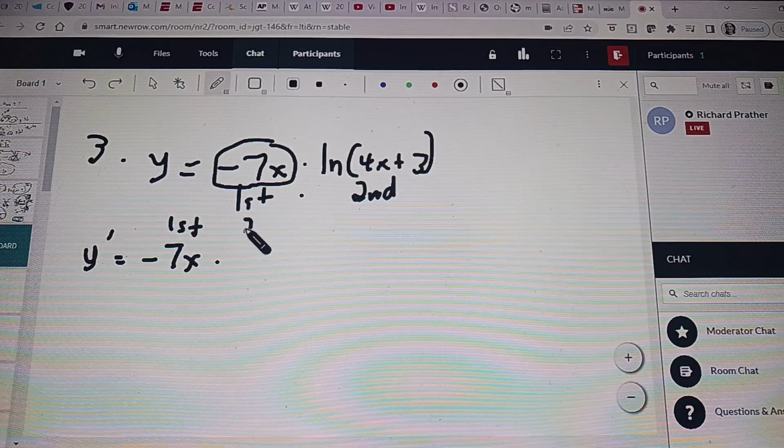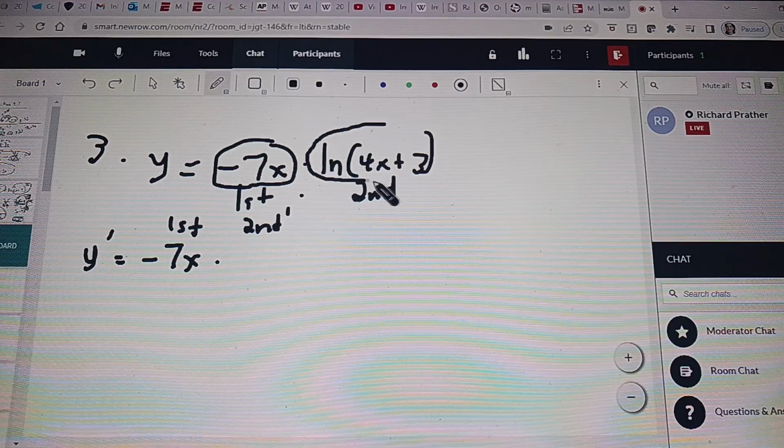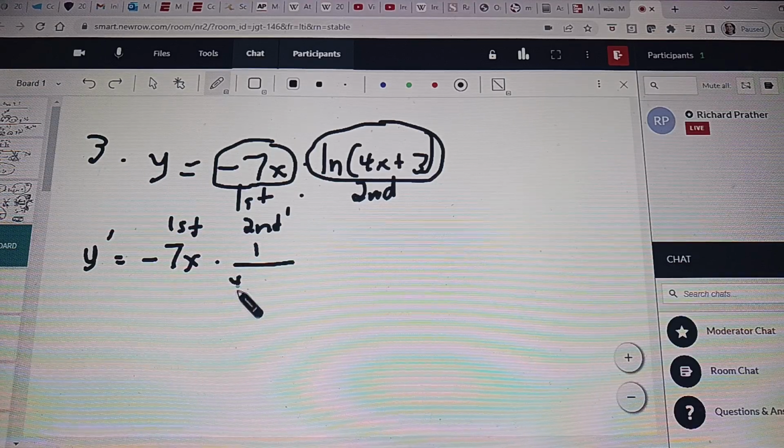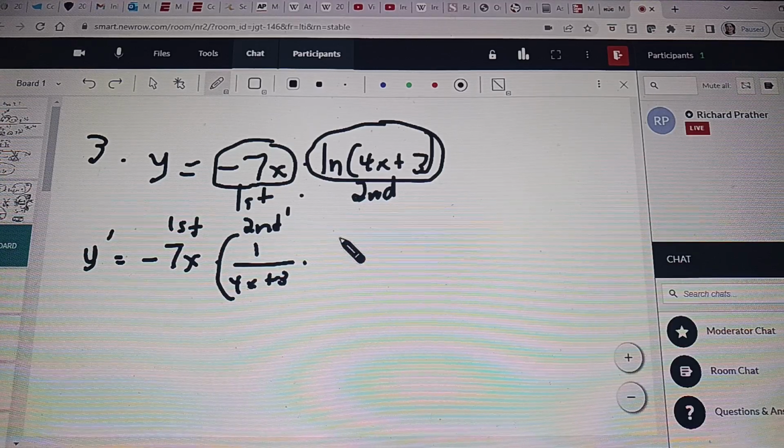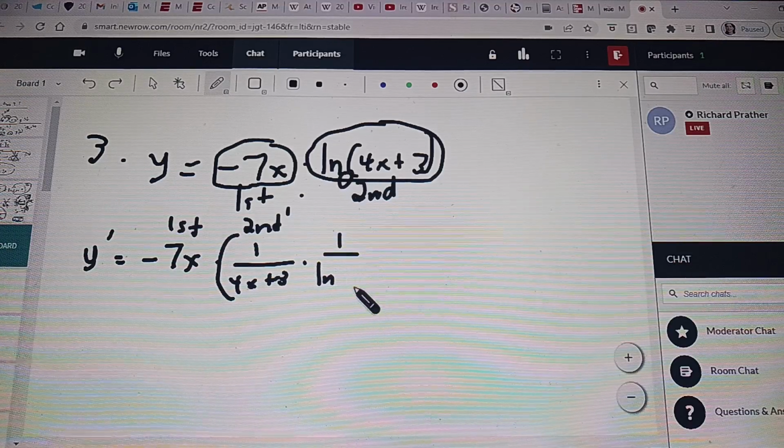Here's where the new rule comes into play. So I want to do the derivative of the second just like I did the first 2 problems. So that would first be 1 over the stuff. And I'm going to put a parenthesis here because there's a bunch of stuff here. 1 over ln of the base, but this base is e. And then times the chain rule, which is 4.